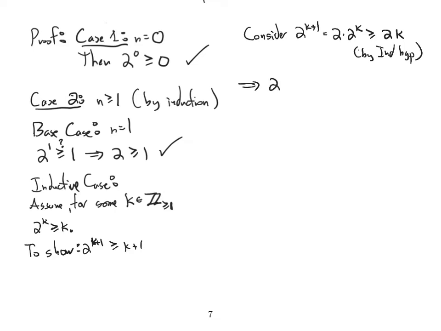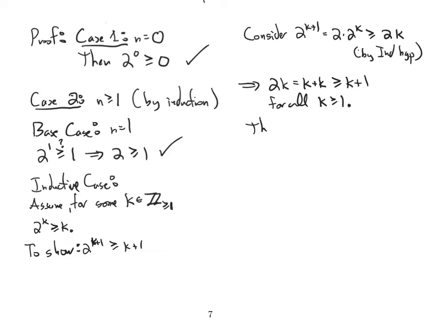In fact, maybe I'll write it like this, so it's even more clear why this is true. This is k plus k, 2k, and that is greater than or equal to k plus 1 for all k that's greater than or equal to 1.